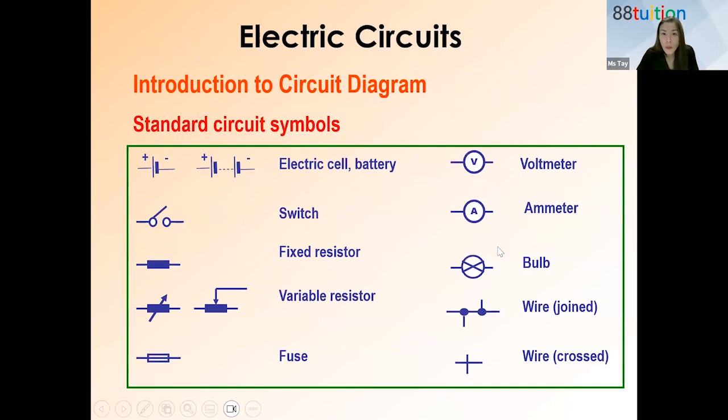This is actually just a recall. Most of the symbols here you should be familiar with, like the light bulb, the wire, the switch, the electric cell, or you call it the battery. Now, when you see the dashed line here, it represents that you don't know how many dry cells there are making up that battery.